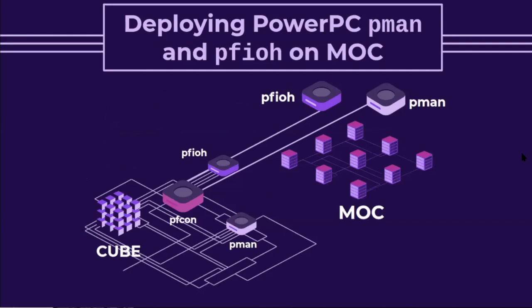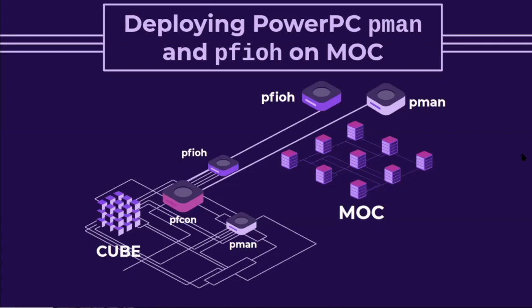And now just to go into a little bit of detail about deploying PowerPC versions of pman and pfioh on the MOC. We were able to create pfioh, the file input output handler, as a Power9 container. And we were also able to create pman, the process manager container, for Power9, so that it would be compatible with the Power9 architecture.